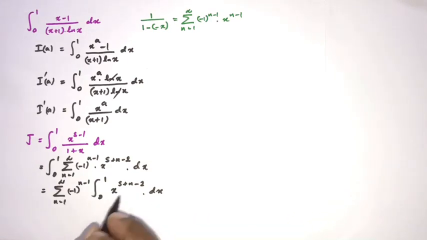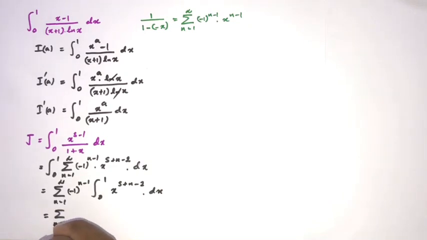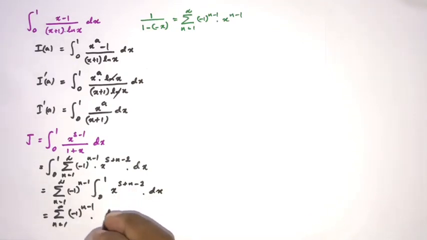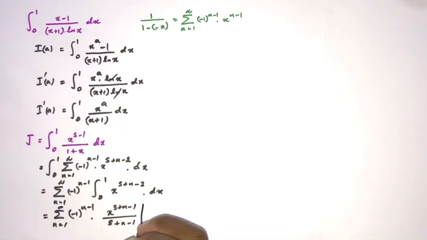Then if we integrate, we get x to the s plus n minus 1 over s plus n minus 1, limit from 0 to 1.